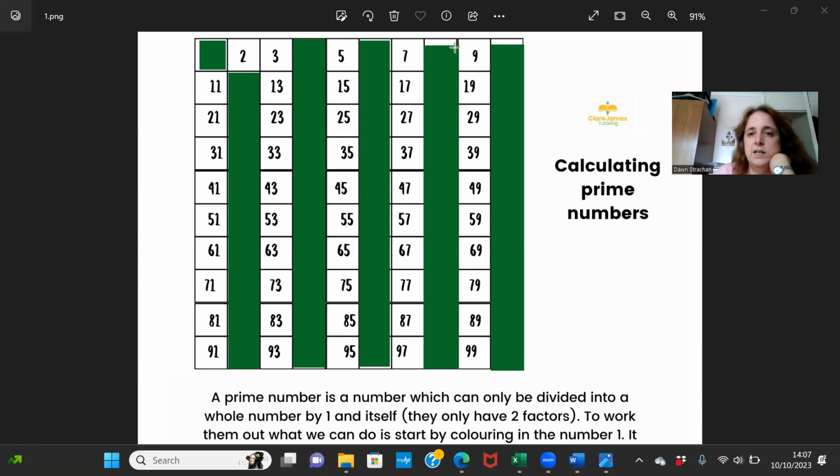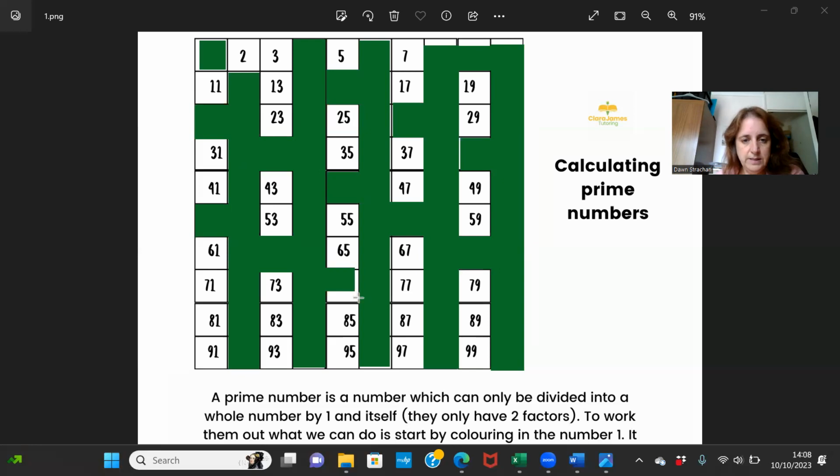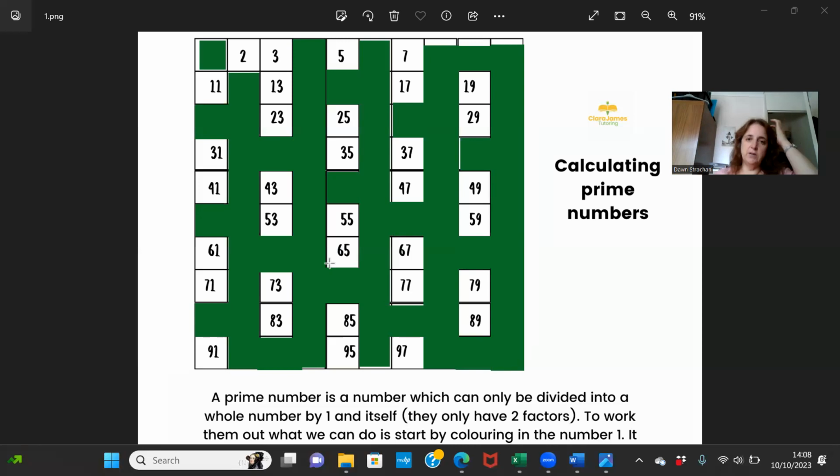So 3, 6 is done, 9, 12 is gone, 15, 18, 21, 24, 27, 30, 33, 36, 39, 42, 45, 48, 51, 54, 57, 60's gone, 63, 66, 69, 72, 75, 78, 81, 84, 87, 90, 93, 96, 99. Okay, so that's the 3 times table now coloured in.